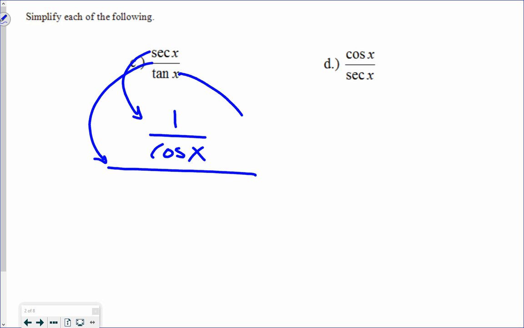And then tangent, well, we could write it as lots of things, but probably the best thing to do would be sine of x over cosine of x. So hopefully now you can see why we spent so much time on that other stuff, just a second ago. Okay. So any questions how I transitioned it?